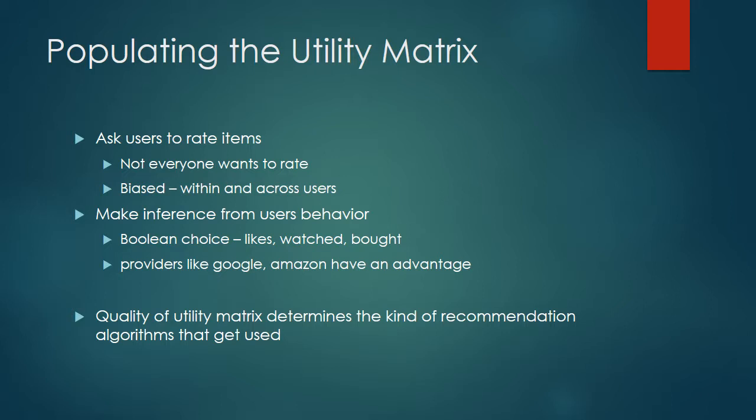I sort of already mentioned this, but I'll repeat it again. The question is, of course, how do we get the utility matrix itself, the values? You can ask users to rate items. Not everybody wants to rate, and it's going to be biased, both within and across users. Within a user in the sense that maybe Netflix asks you today and you don't have anything better to do, and you spend 15 minutes rating a bunch of movies.